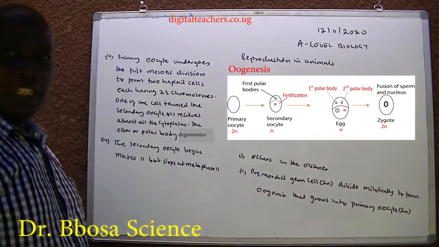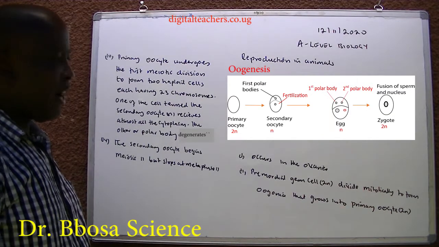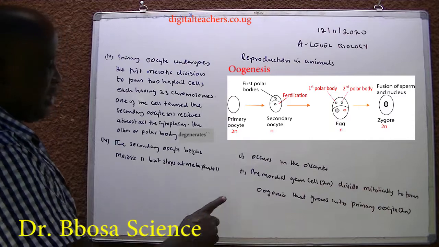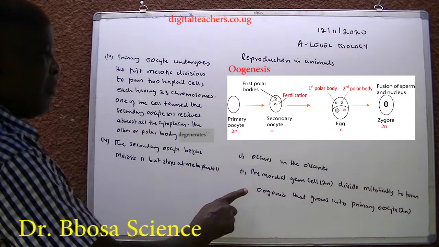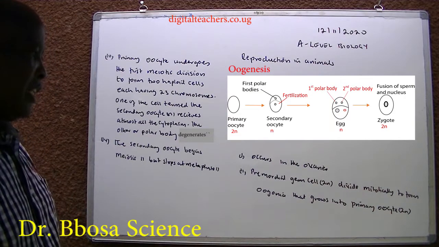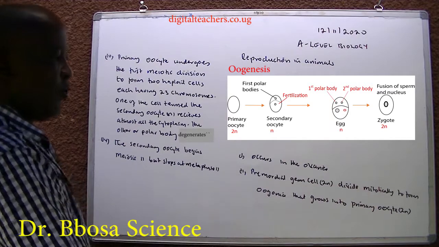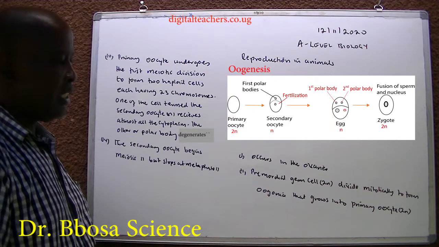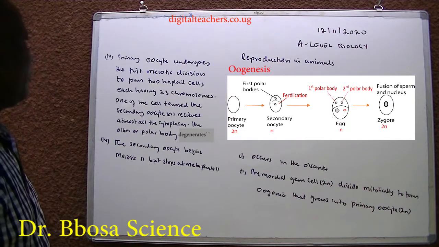Oogenesis is the process of forming an ova or an egg in a female. It occurs in the ovary. Primordial germ cell 2N divide mitotically to form oogonia that grows into primary oocyte 2N.